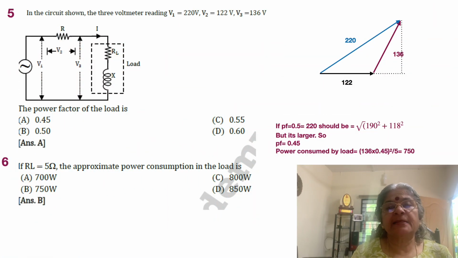Just as a method that you can experiment with, I have chosen power factor equal to 0.5, such that the triangles become a little more friendly and familiar to you. For argument's sake, if we take power factor as 0.5, why?